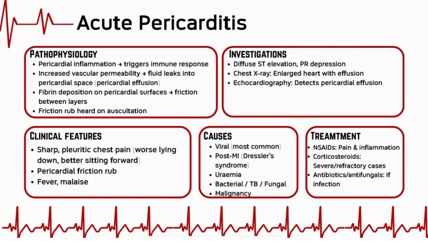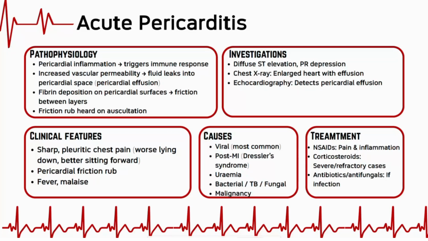One of the key things: when a patient comes in and you do your physical exam, you hear this kind of pericardial friction rub, you know that they have a very sharp centrosternal chest pain, and they're feverish and malaised. Something that you need to actually think about is, maybe I should do a COVID test, maybe I should do an influenza screen, maybe I should do a respiratory panel.